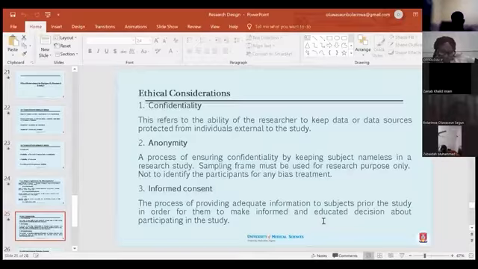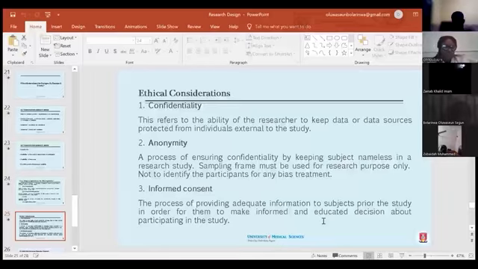Then they have to decide on their own whether or not to participate, without coercion, without enforcing them to participate. And if they choose not to participate, it must not have any negative impact or effect on them or on the treatment they are receiving.